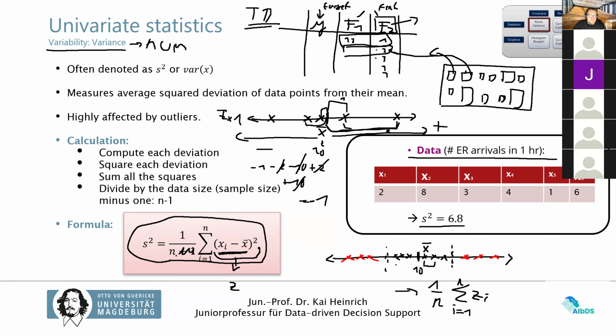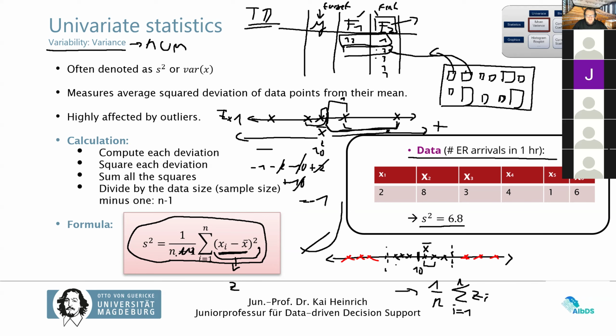If I square 10, it's not linear, it goes way up. This is why we need to square. So this is the average of distances.